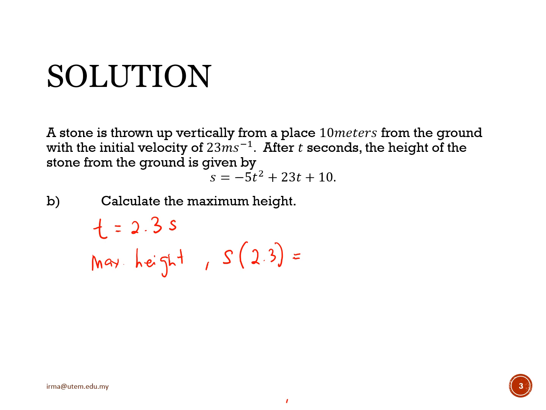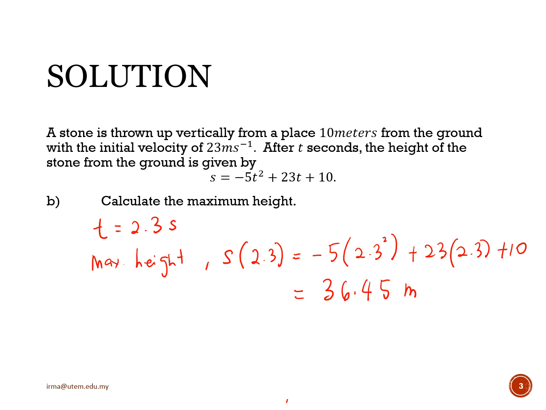So we'll have -5 times 2.3 squared plus 23 times 2.3 plus 10. Okay, solve this algebraic equation. So you will have s equal to 36.45 meters. Okay, so the maximum height when t equal to 2.3 seconds is equal to 36.45 meters.